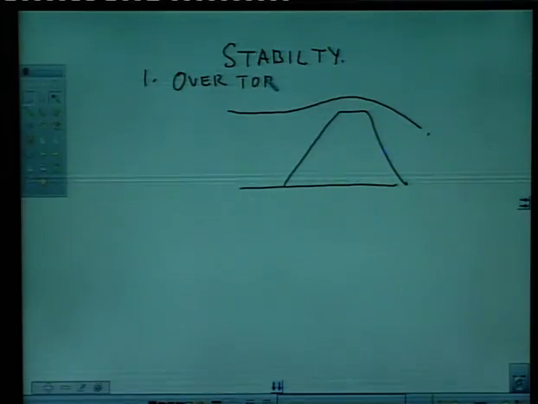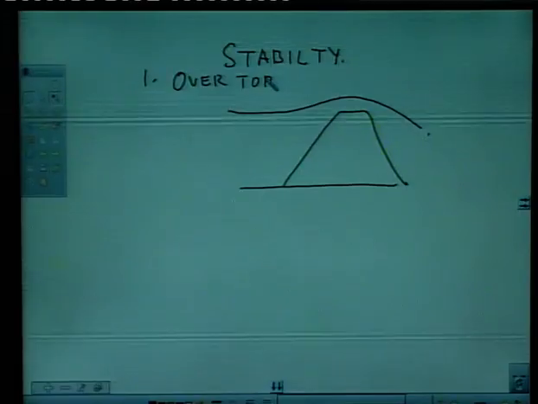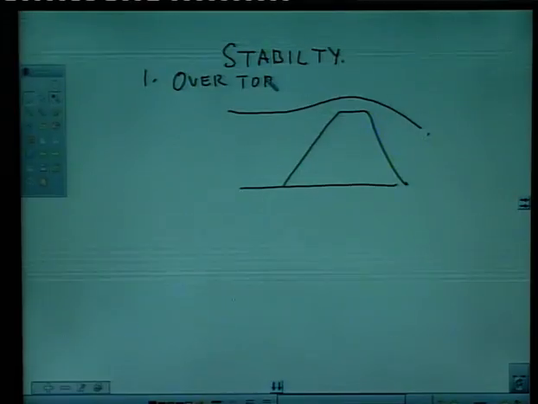Then the seepage or saturation line should never emerge out of the downstream face of the earthen dam. So, second is saturation line.